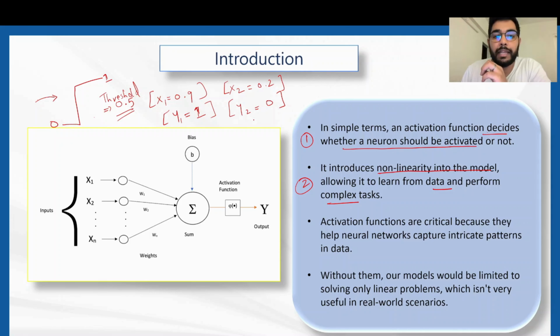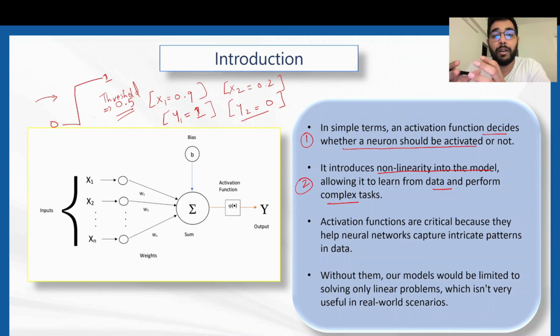If the output is 0, as in the second case where the input did not breach the threshold, the neuron will not get activated. That means the output at this stage will not get passed to the next layers or next neurons.